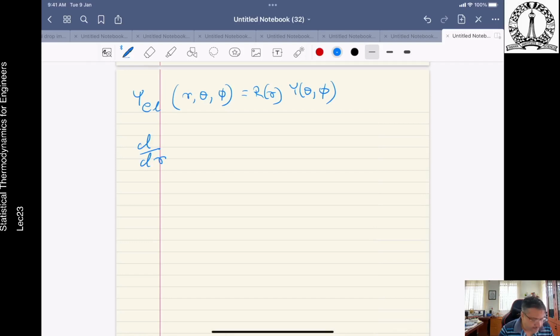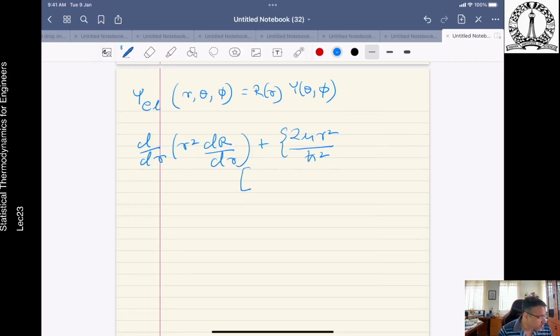r squared, dR/dr, plus, we brought in the concept of the reduced mass, squared, internal minus VR, minus alpha into R is equal to 0.